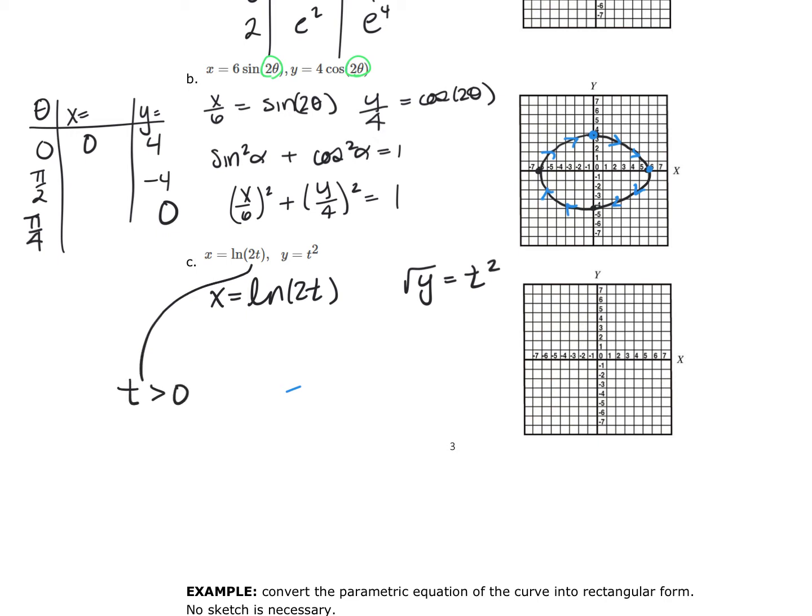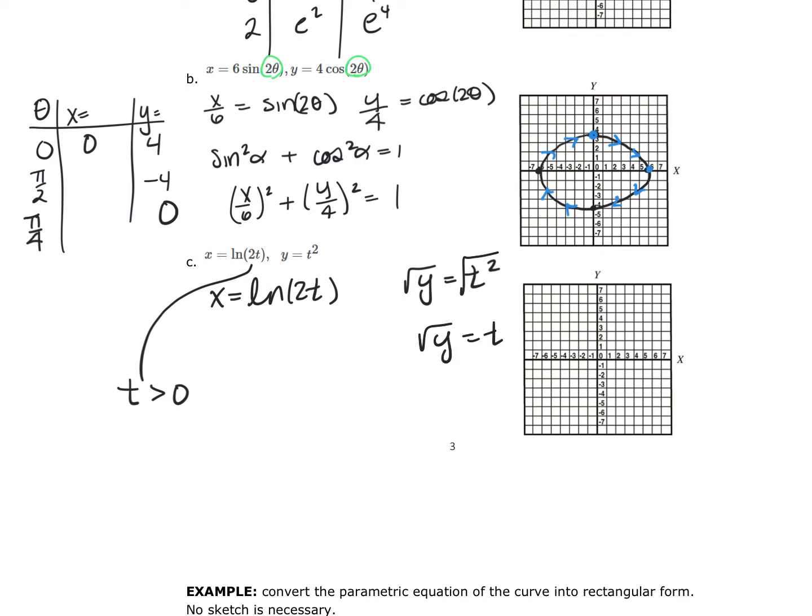So if t must be greater than 0, then I don't have to worry about putting the plus and minus on this square root of y, like I normally would have to do. All right, so now I've got a value for y. So the square root of y is equal to t.